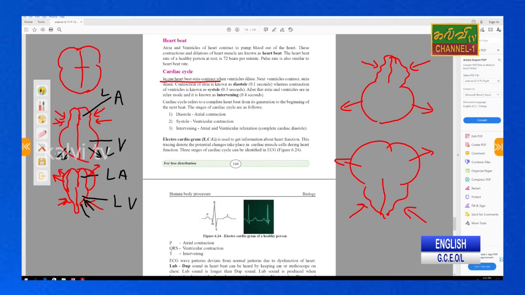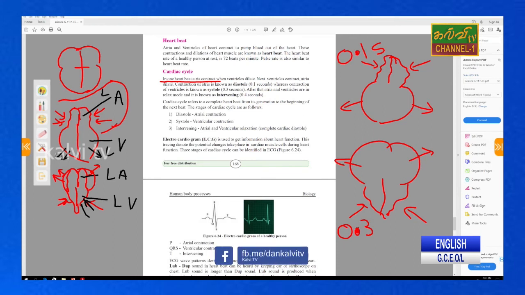Contraction of atria is known as diastole, right? That takes 0.1 second. Contraction of the ventricles takes 0.3 second.